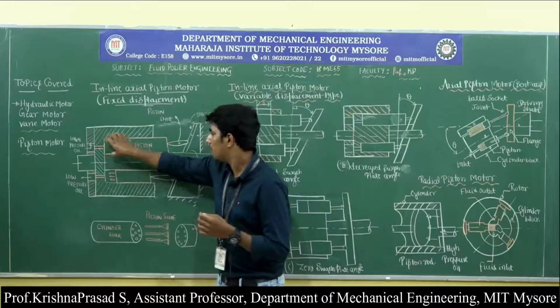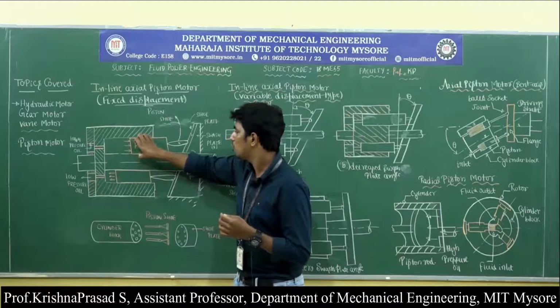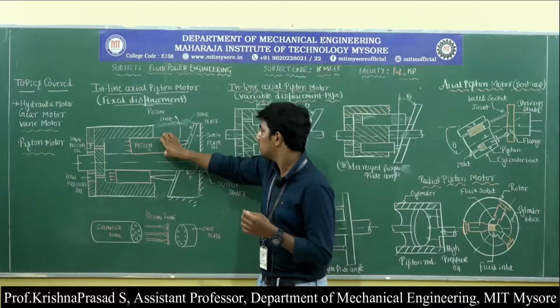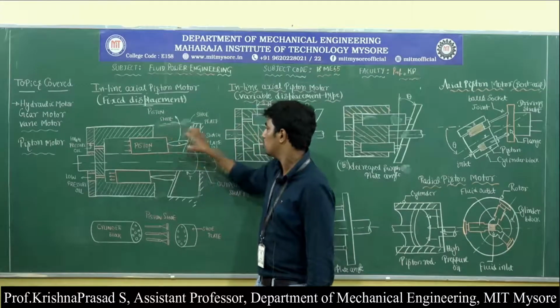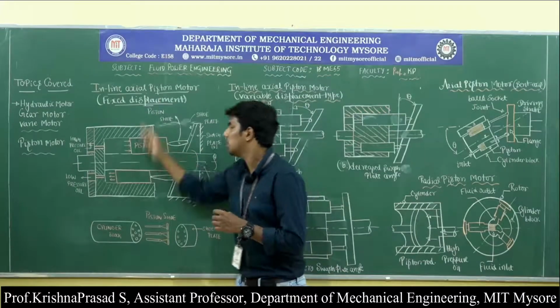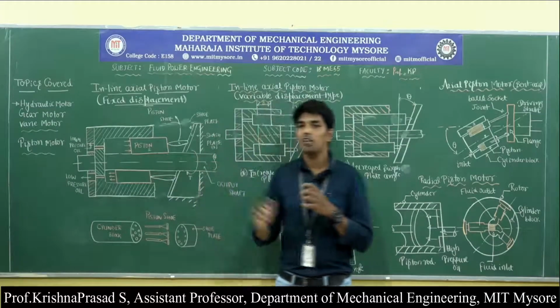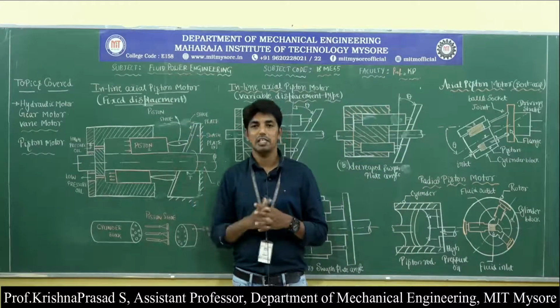Whenever the pressure is exerted on the piston, the piston moves outwards and towards the swash plate. When the piston moves towards the swash plate, this causes the rotation of the cylinder block as well as the output shaft. Hence the torque develops in the fixed swash plate design.